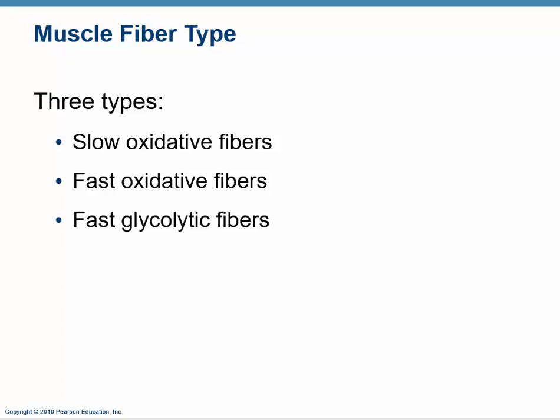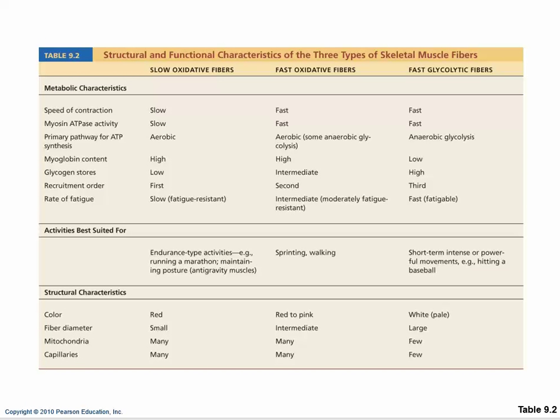You're going to run out of ATP sooner. Fast glycolytic will make a lot of lactic acid, and they will work very quickly. So really, the advantage to fast glycolytic is you can develop a lot of power quickly, but it fatigues very soon.